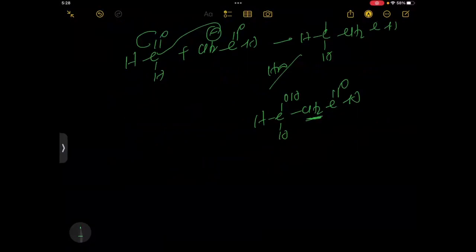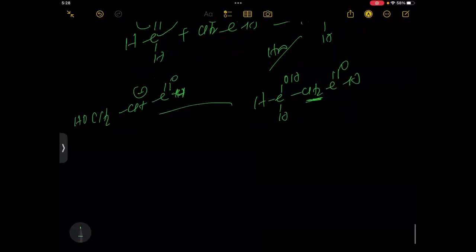First, it will form the acidic hydrogen here, and second, you will get, through the water, CH2OH CH2 C double bond OH.